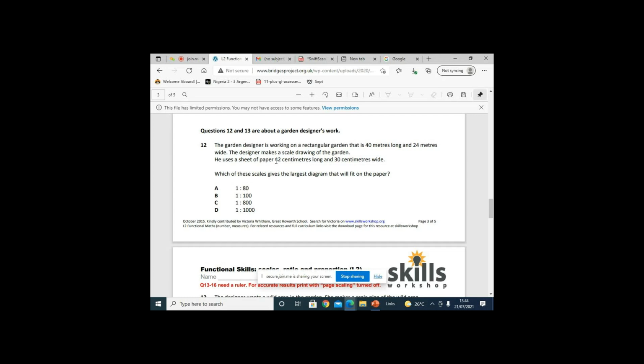You divide both of the figures, 4,000 centimeters and 2,400 centimeters, by the scale.